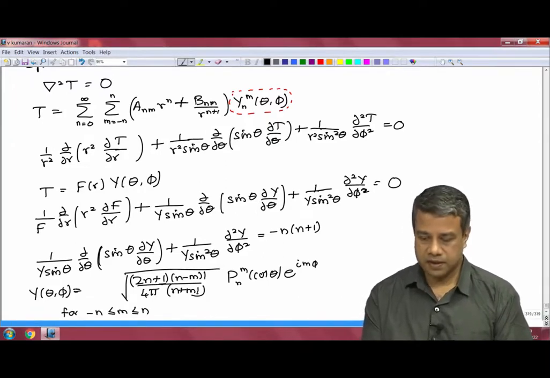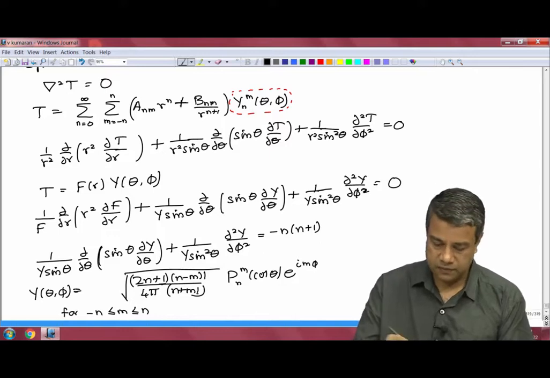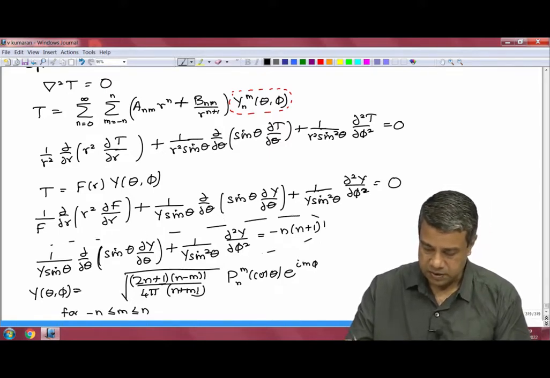So, this spherical harmonic is a normalized solution for this equation.